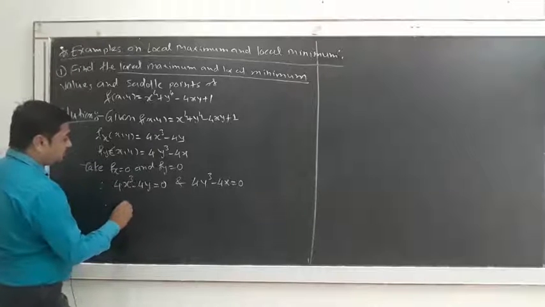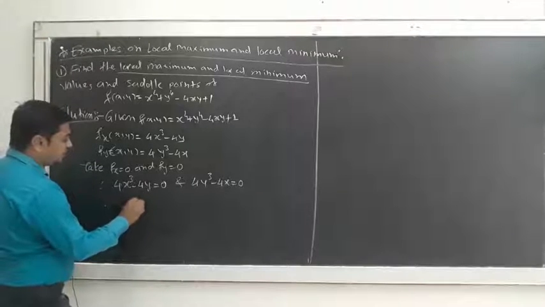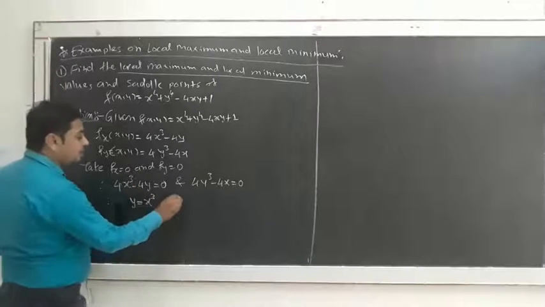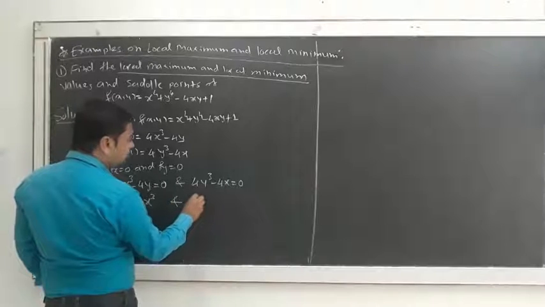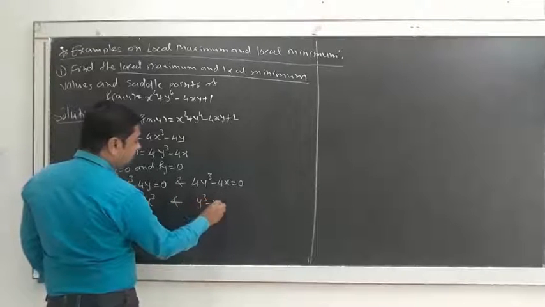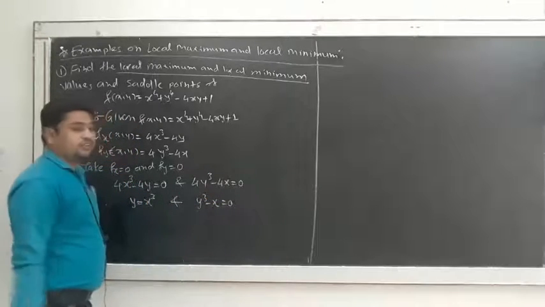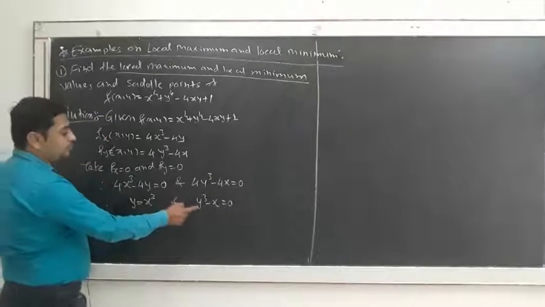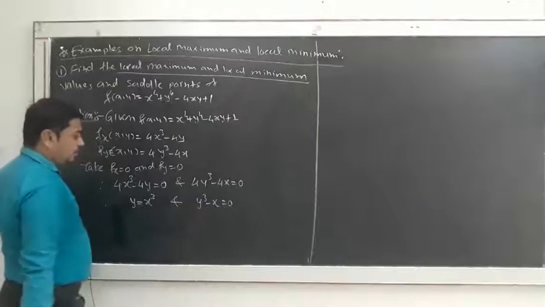So y is equal to x cube, and the other equation is y cube minus x is equal to 0, just dividing by 4.